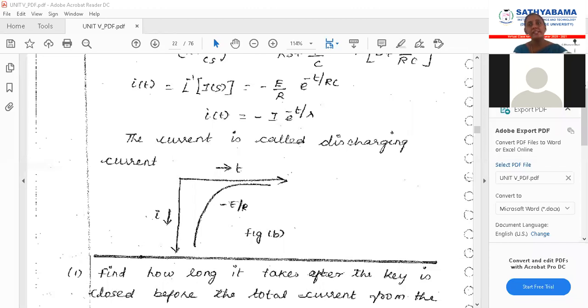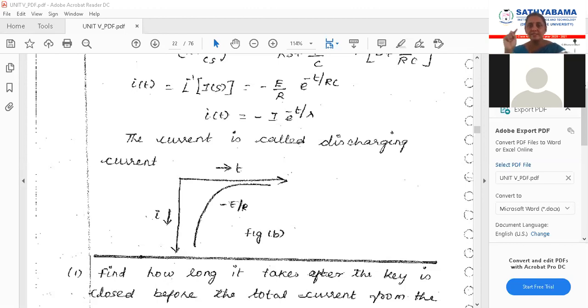Next, we discussed what will be the behavior of the inductor and the capacitor during the transient conditions. Next, RL transients. In transients we have DC transients and AC transients. DC transients is nothing but a circuit with a DC voltage source. AC transients will be present if the circuit is connected with the AC source.